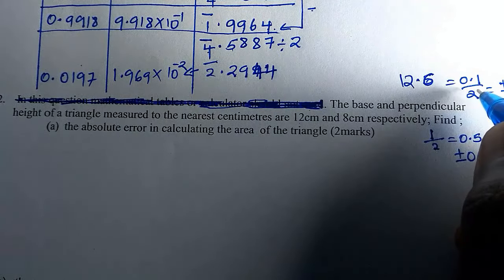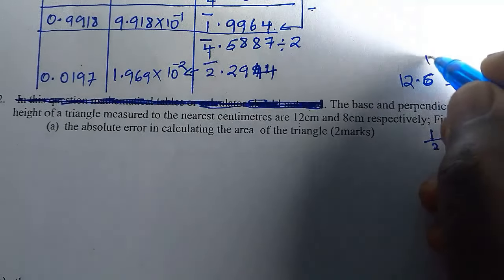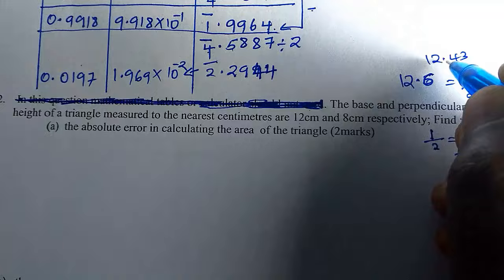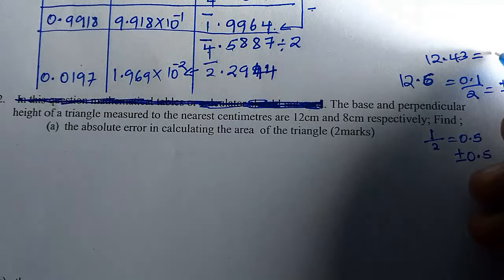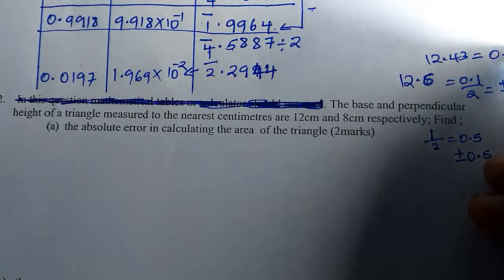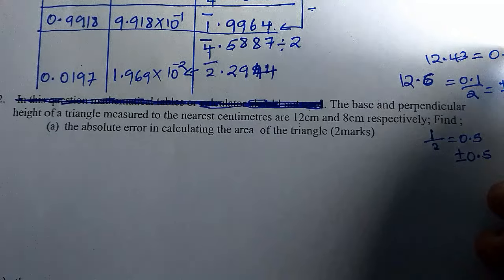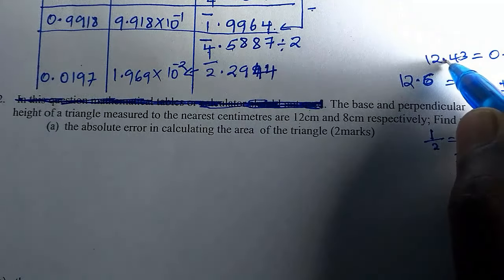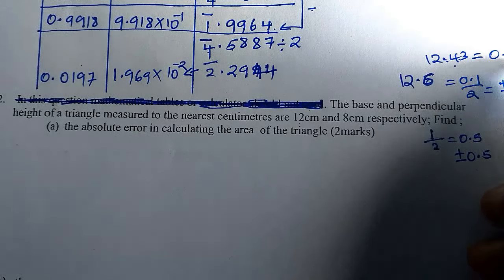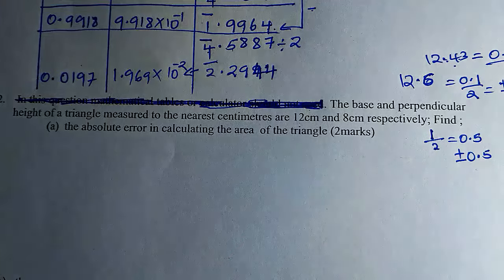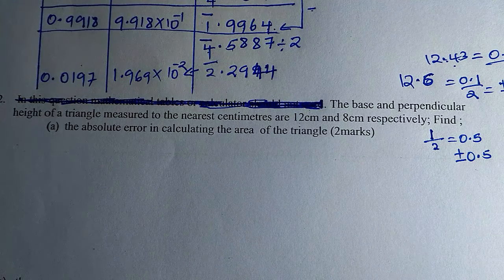You continue like that. So if it was 12.43, it is 2 decimal places, which means the least count is 0.01. Divide by 2, you get the absolute error that way.